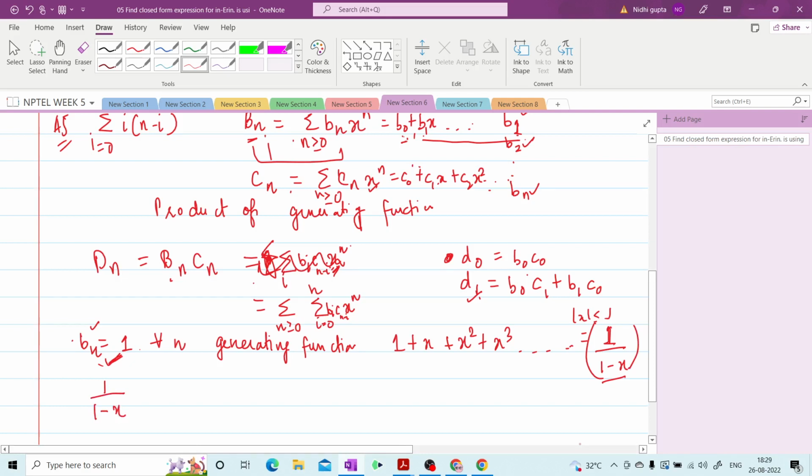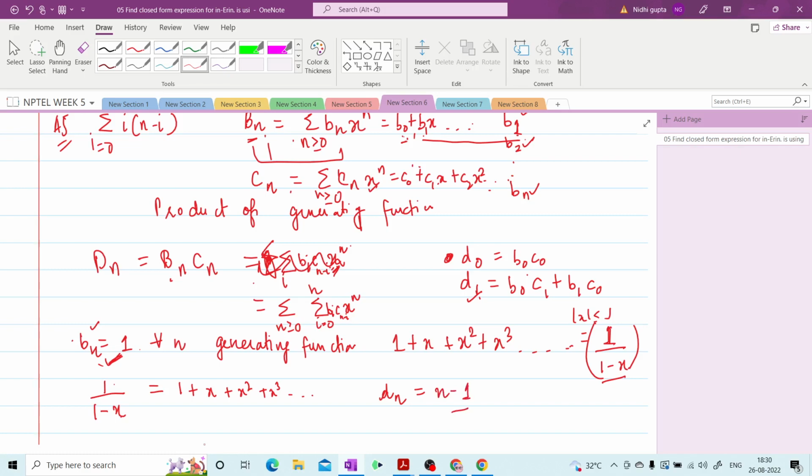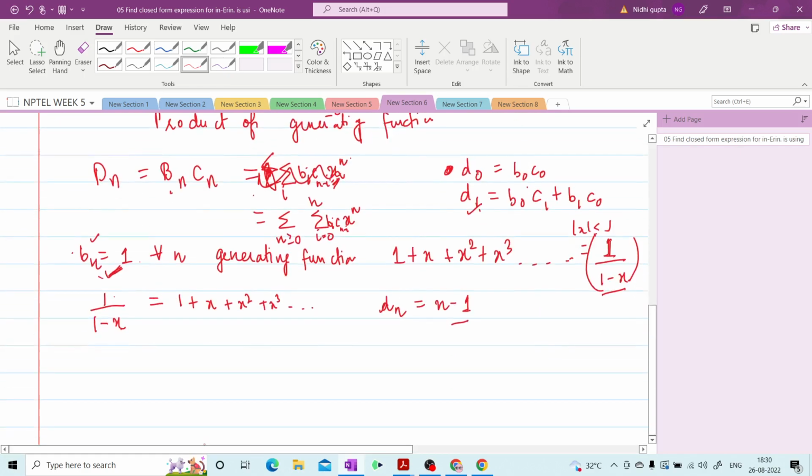So basically what I'm going to say, if my 1 upon 1 minus x is 1 plus x square plus x cube, and if my another generating function, so my function dn is equal to n plus 1, I am considering power series of this type: 1 plus 2x plus 3x square and so on.